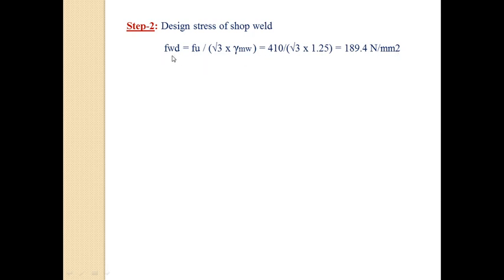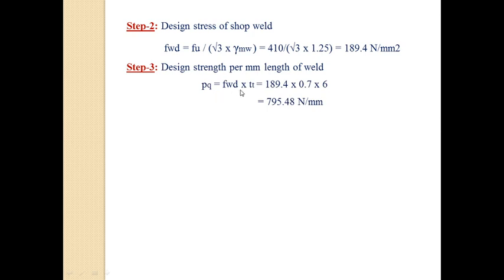Okay, so step number 3, design strength we have to calculate per mm length of weld. So formula we know Pq is equal to fwd into tt. fwd we calculated, that is 189.4. Throat thickness is 0.7 into S. S we know the size of weld, that is 6 mm. So Pq is equal to 795.48 Newton per mm.